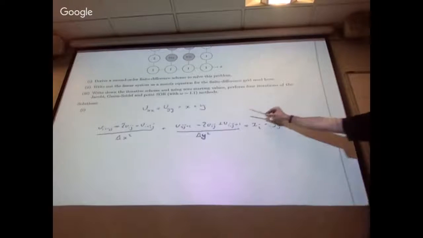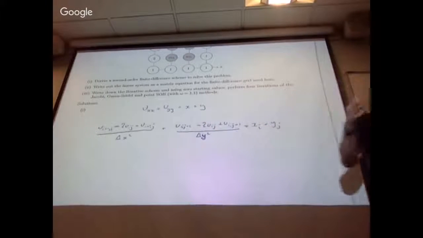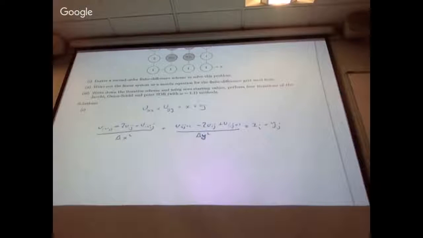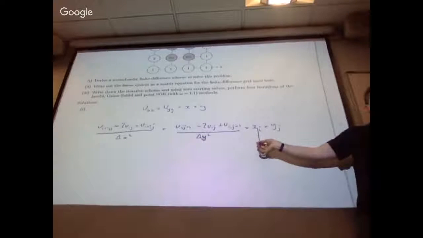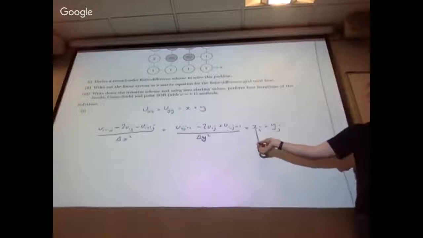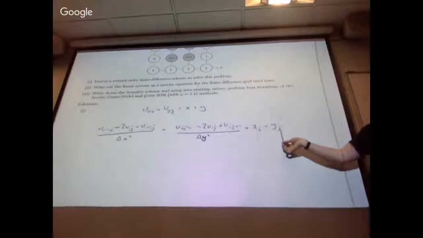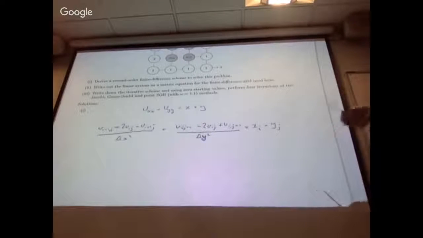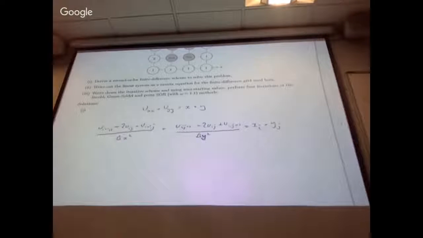And on the right-hand side, x plus y. Now x is going to have different coordinates. We're going to have x_i, the x coordinate of our current node, and y_j is the y coordinate of our current node. Now we rearrange that, and I want u_ij to be the subject.